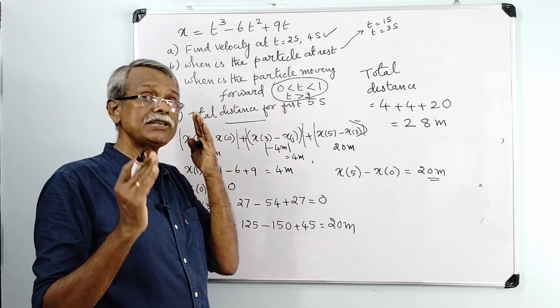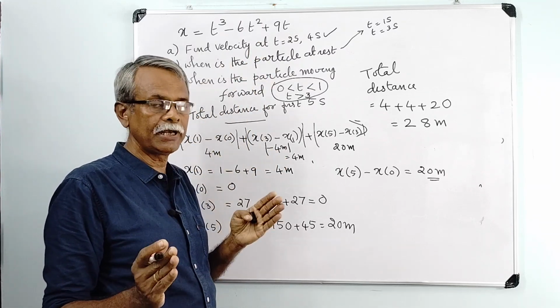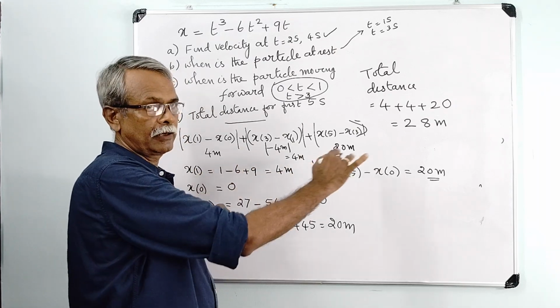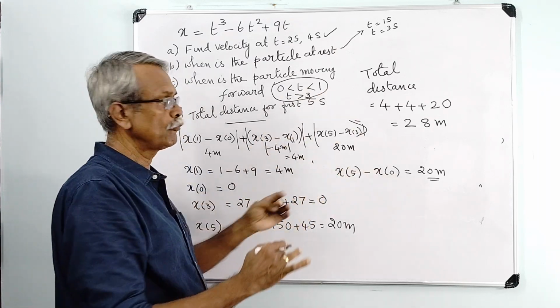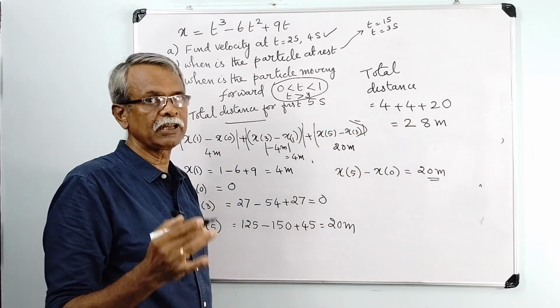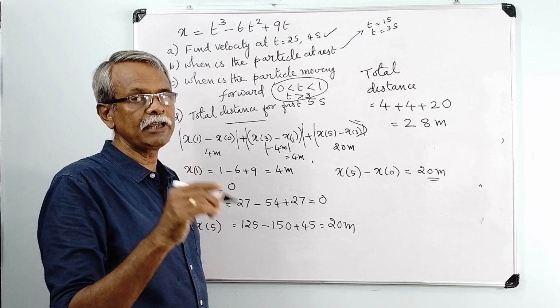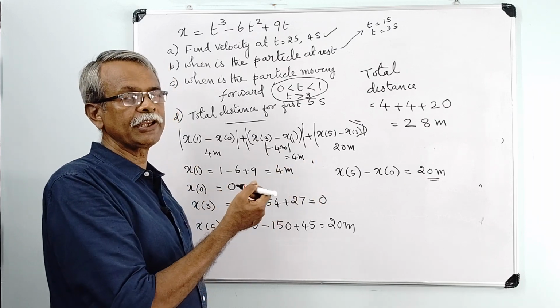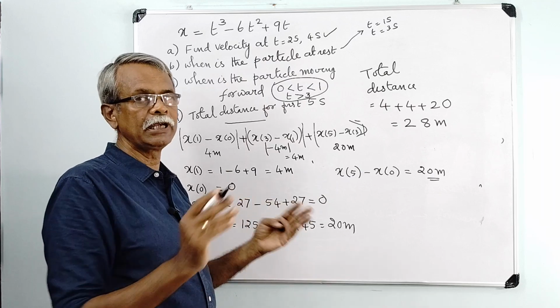But if the total distance is asked in the question, and if the particle changes direction, as we have seen here, for that you have to factorize the velocity expression and check whether the velocity becomes negative at some point or not. If all of them are negative or all of them are positive, then it is okay.